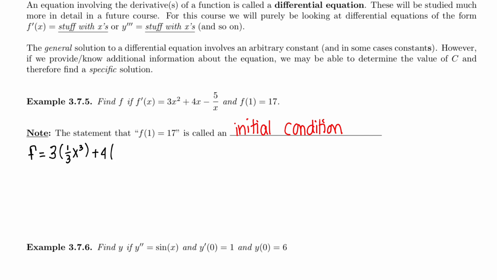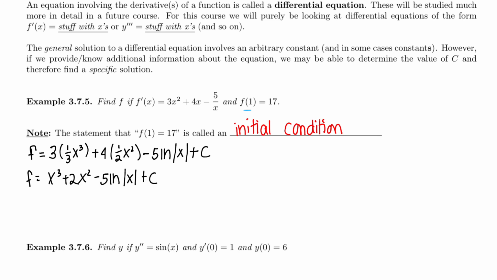Plus 4, add 1 to the exponent, so that'd be a 2, so 1/2 x squared. Minus 5, and if it's just an x in the denominator, then it's ln absolute value x plus c. Simplifying it, this is x cubed plus 2x squared minus 5 ln absolute value x plus c.